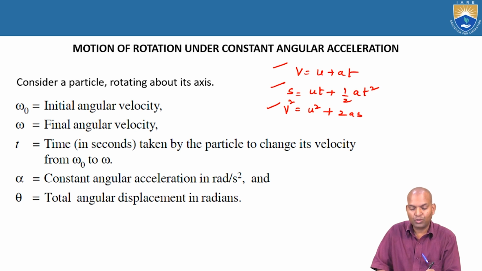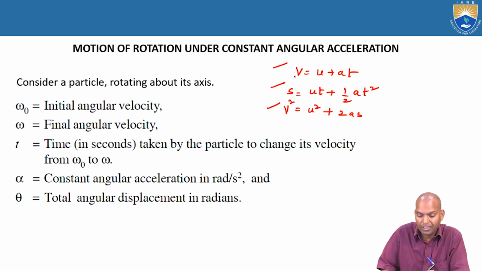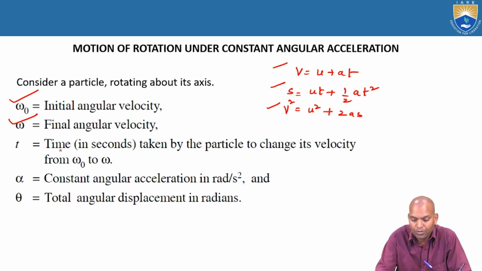For angular motion it is very simple. Where v is the final velocity for linear motion, for angular motion we have omega. Omega 0 is the initial angular velocity, and omega is the final angular velocity. Alpha is the constant angular acceleration in radians per square second.